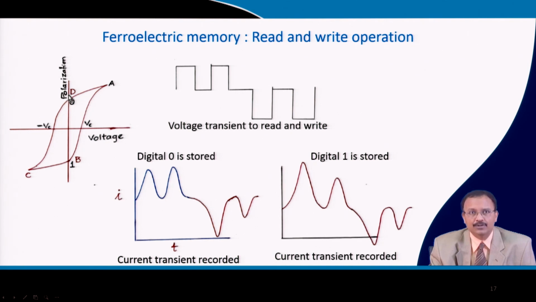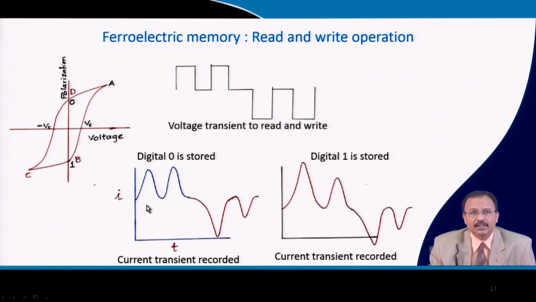Once 0 is stored, it means the state is somewhere here. If you apply the first positive pulse, then this polarization will go from D to A, and then it will come back to D, and with the second pulse it will again go from D to A and come back. As I told you, it is a transition of the cation, and it will give you a current spike because it is a charge movement.